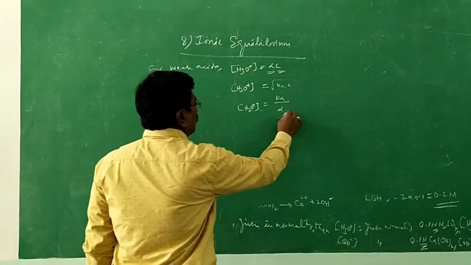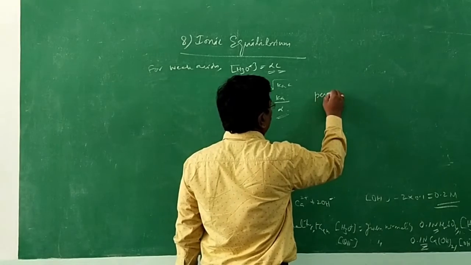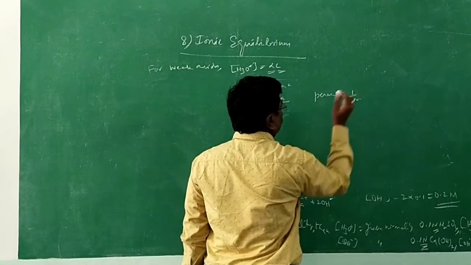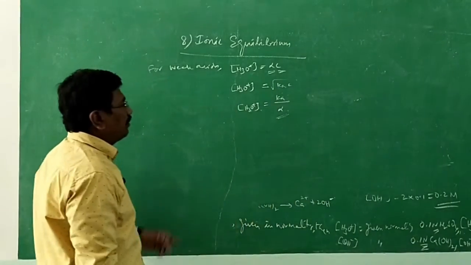Degree of dissociation for 1 mole is always less than 1. Alpha will always be less than 1. Sometimes they will give percentage of dissociation. Percentage of dissociation 1, if it is given, is nothing but 1 by 100. To convert percentage of dissociation into degree of dissociation, we have to divide by 100.